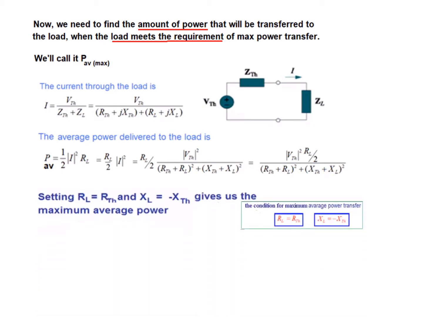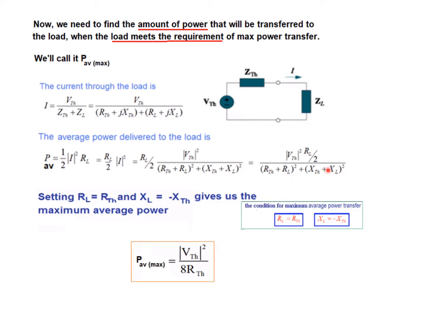And now putting in the values, we arrive at this point, and then setting R equal to R Thevenin, and X equal to minus X Thevenin here, this will become 0, and simplifying, we get the condition for P average maximum to be V Thevenin square divided by 8 R Thevenin.